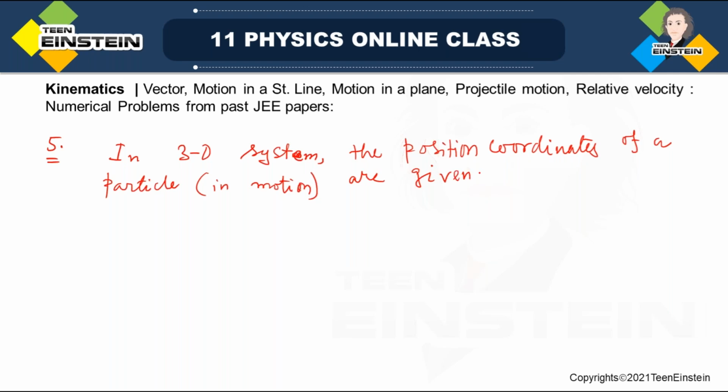What are given? The positions are given. So position coordinates.